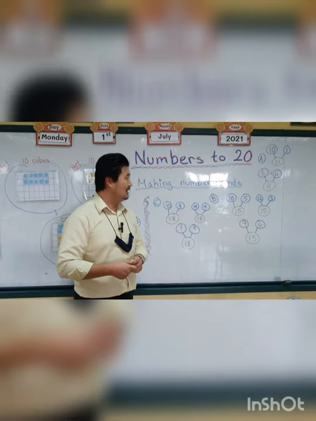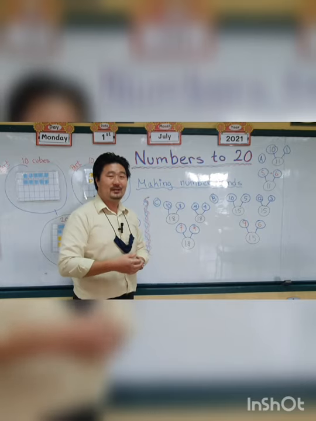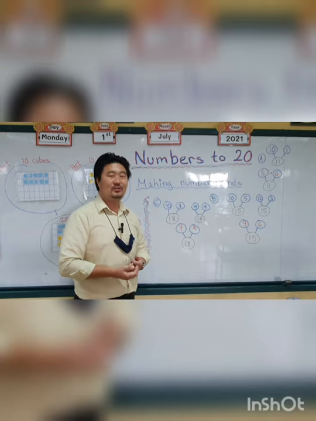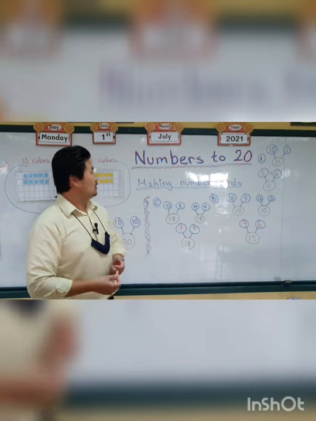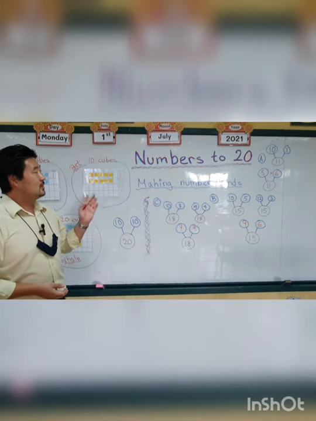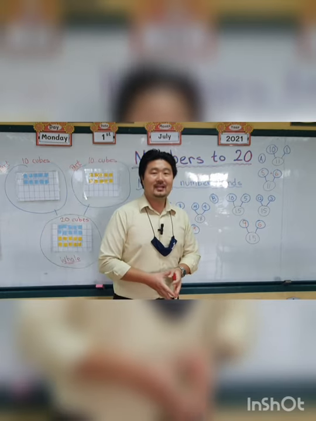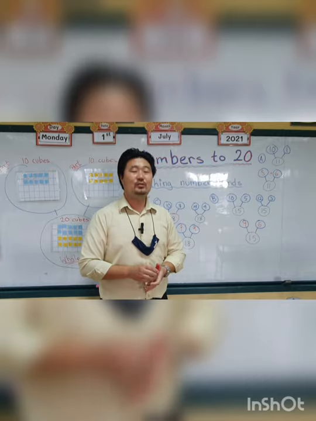I hope you understand. We have all done number bonds before, so this should not be too difficult for you. Alright? So that is what I'm going to explain in this video clip. We will do some exercises in the book, and I will just explain briefly what to do.